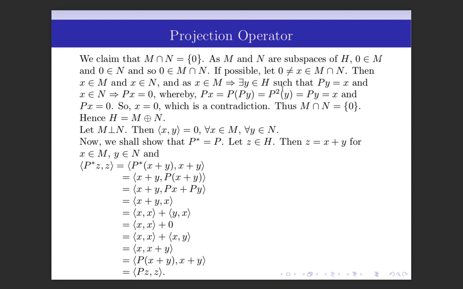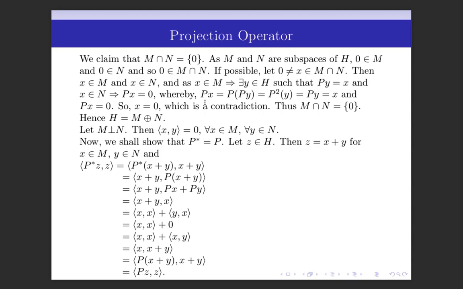And if Py is equal to x, then Px is equal to P of Py, because x is equal to Py, and this is equal to P square y. And since P is a projection operator, this is equal to Py, and Py is equal to x. So we find that if x belongs to M, then Px is equal to x. And x belongs to N implies Px is equal to 0.